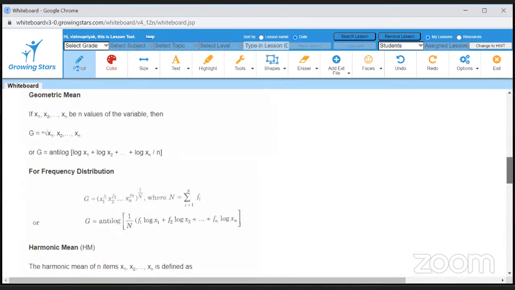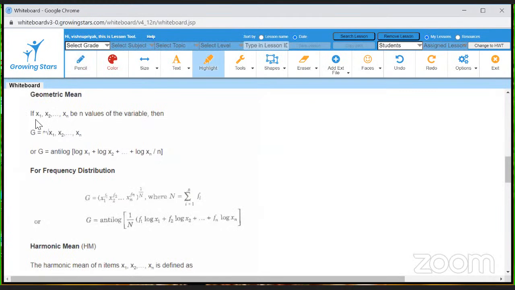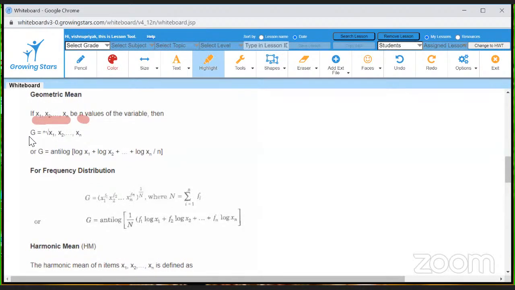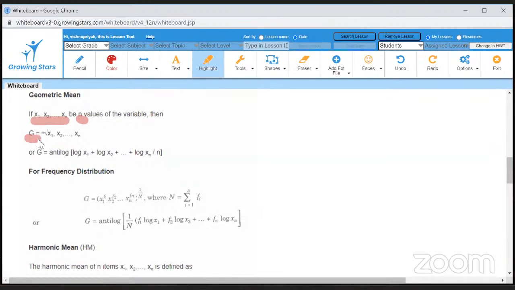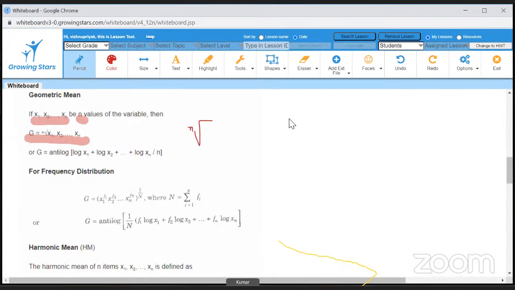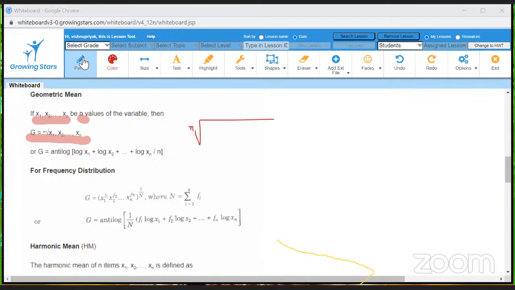Geometric mean. When you have many observations, x1, x2, up to xn, total n observations are there. Geometric mean will be nth root of, what you have to multiply? x1 into x2 into x3, all the observations you have to multiply.